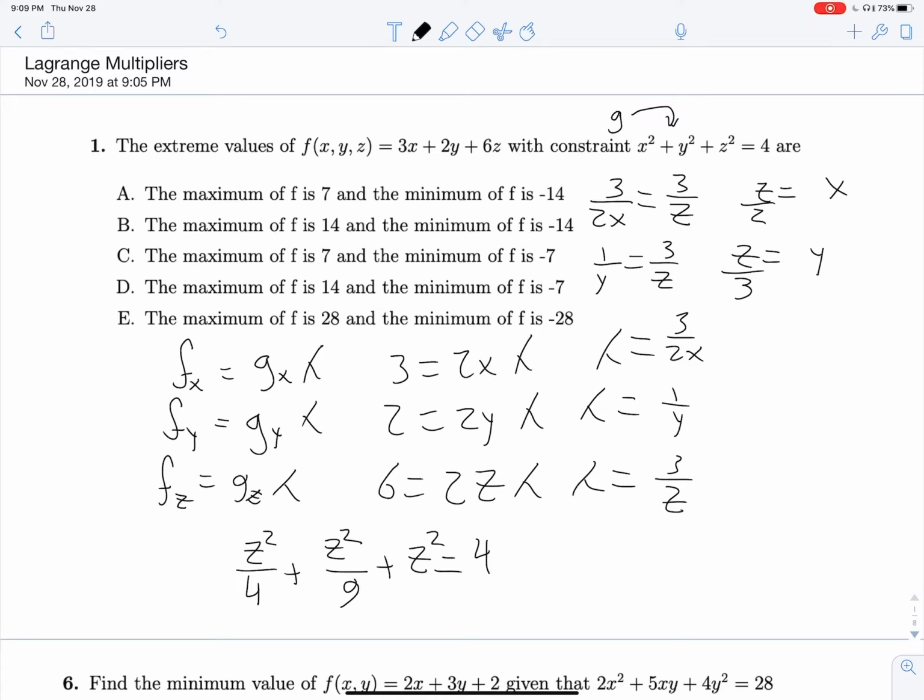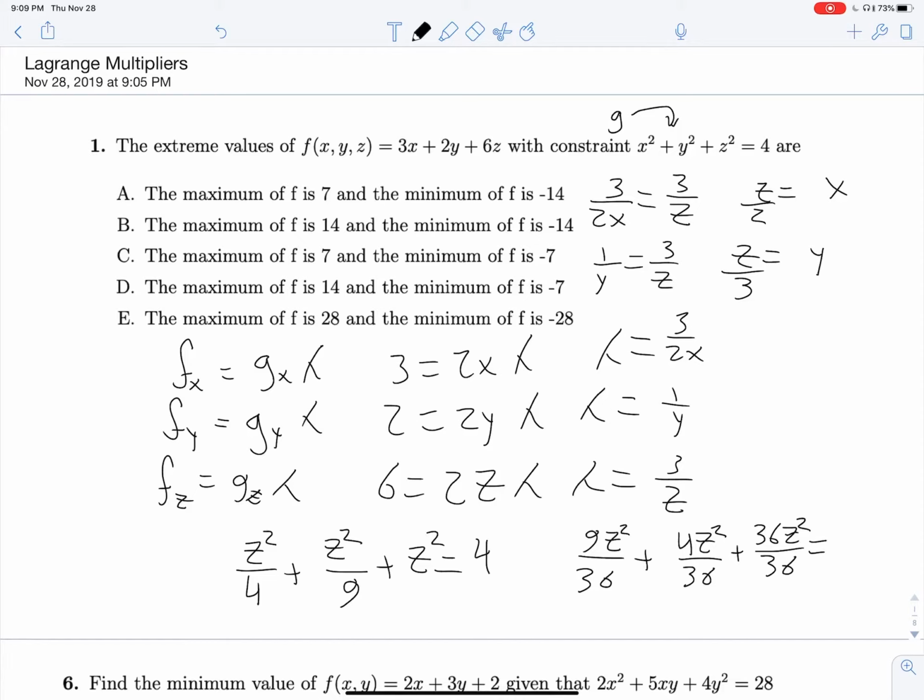So let's put everything in terms of 36ths. That might help. So this will be 9z squared over 36. Here we'll get 4z squared over 36, and we'll get 36z squared over 36.